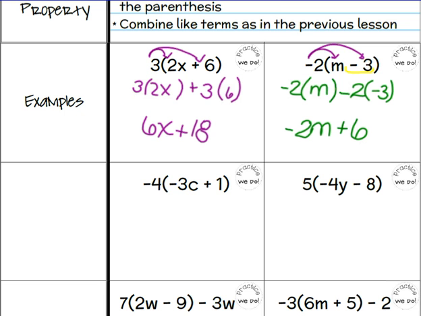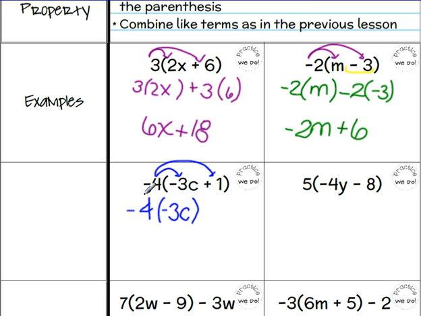On this next one, we have negative 4 times, we're going to distribute that to the negative 3c and to the positive 1. So negative 4 times negative 3c.